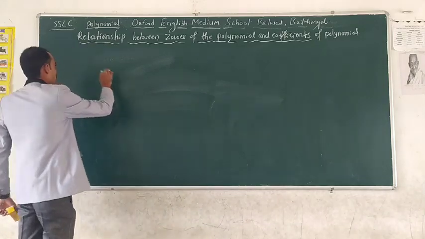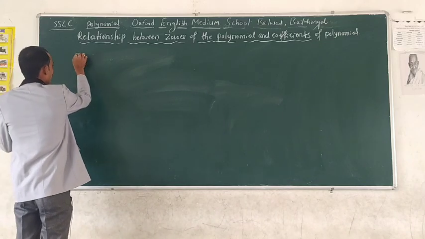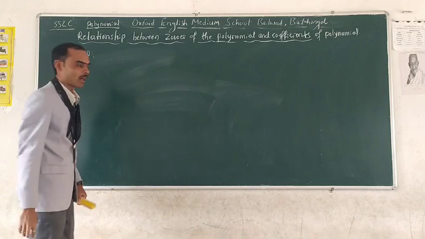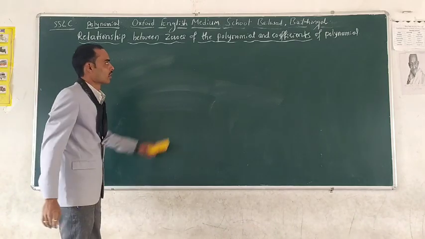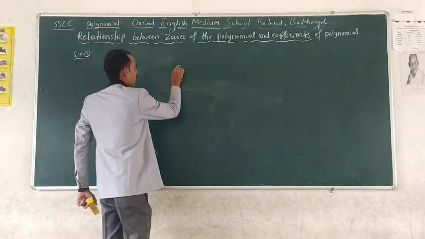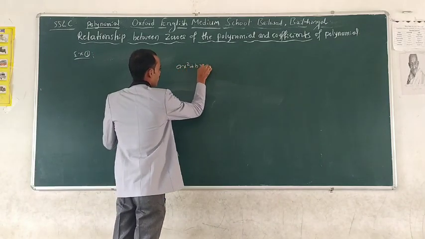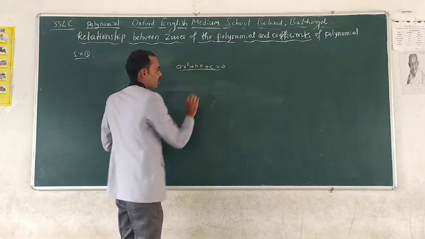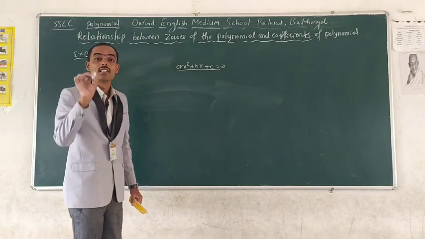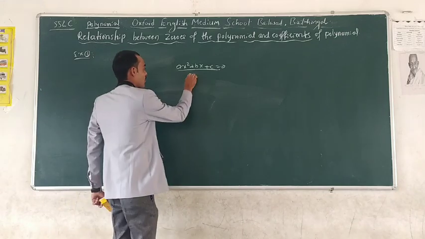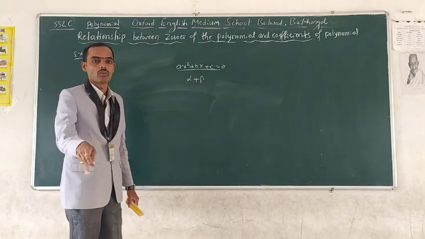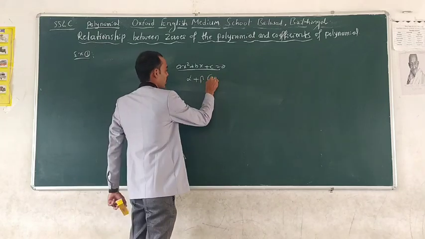First, what are the formulae for the sum of the roots and product of the roots? For ax square plus bx plus c is equal to 0, the sum is alpha plus beta, these are Greek letters.